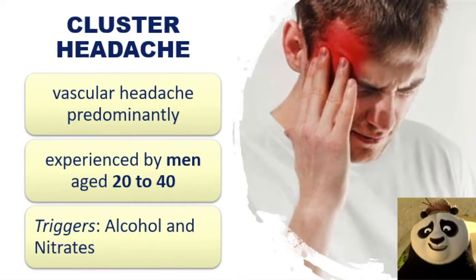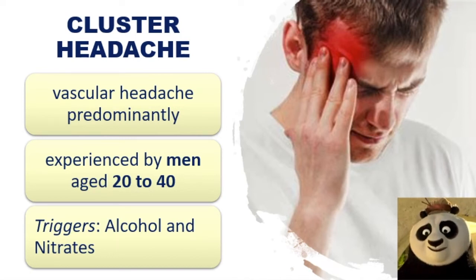Now, the next type of headache that you have is your cluster headache. Class, it's referred to as cluster because, quote unquote, it is clustered in quick succession. This is a vascular headache predominantly, and it is experienced by men aged 20 to 40. The triggers of your cluster headache are usually alcohol and nitrates.